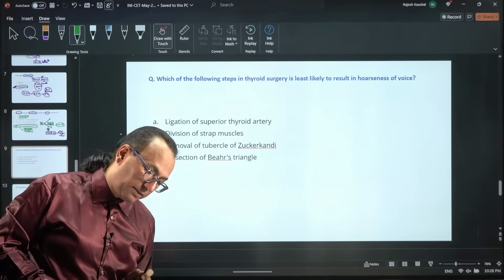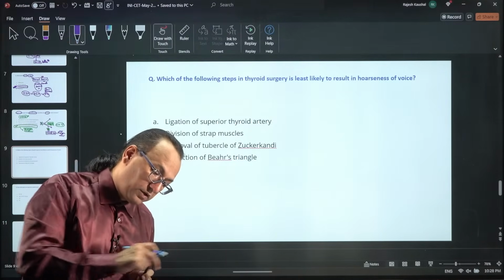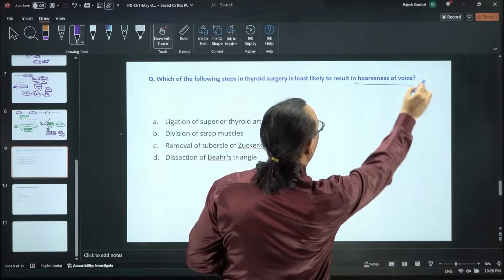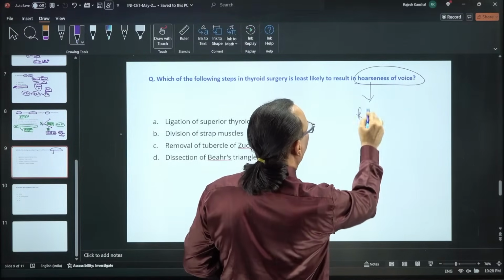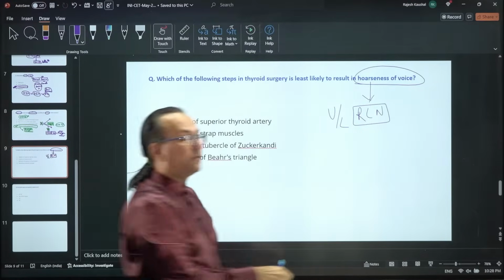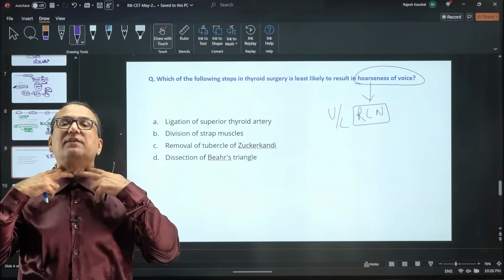Okay, which of the following steps in thyroid surgery is least likely to result in hoarseness of voice? The patient has hoarseness of voice, which means something is wrong with the recurrent laryngeal nerve, and it is unilateral, because if it were bilateral recurrent laryngeal nerve injury, the patient would present with difficulty breathing.